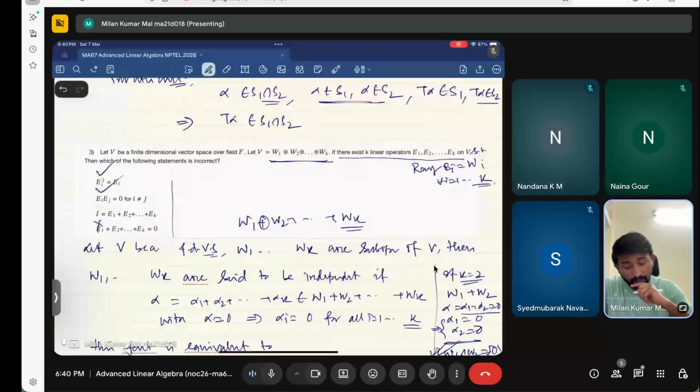Now the third option is that I equals E1 plus E2 plus Ek.